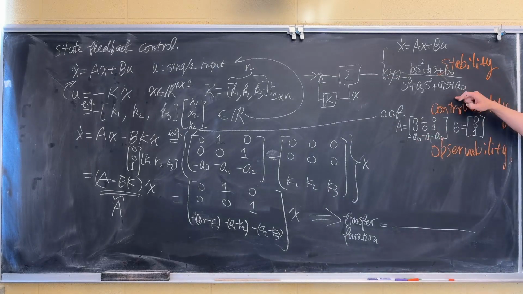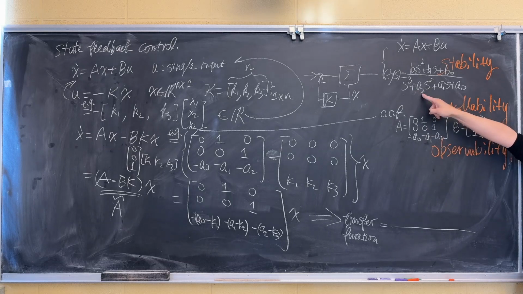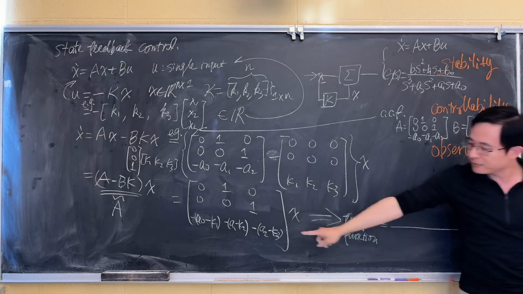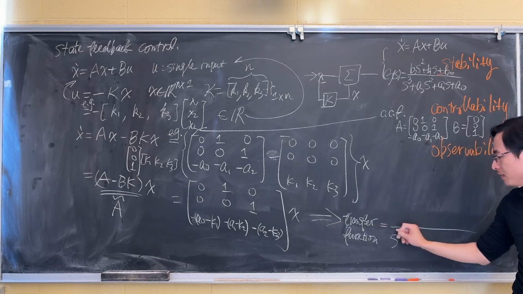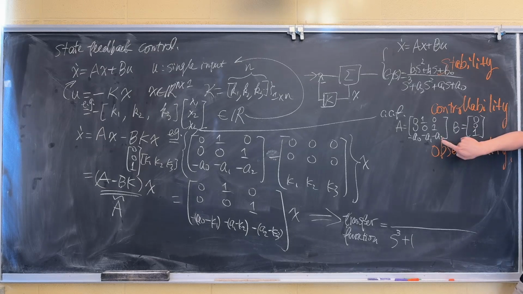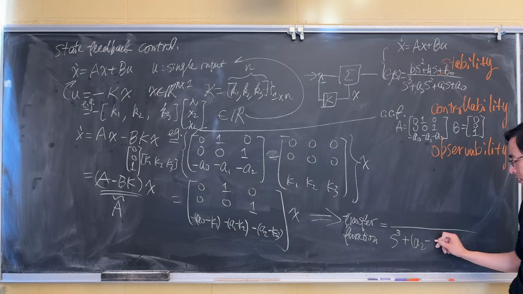It's the same logic here. The transfer function corresponding to your A matrix in this form has denominator s^3 + A2 s^2 + A1 s + A0. So the transfer function corresponding to this A matrix will be s to the power of 3 plus the negative of the last entry, so it's going to be plus A2 plus K3.